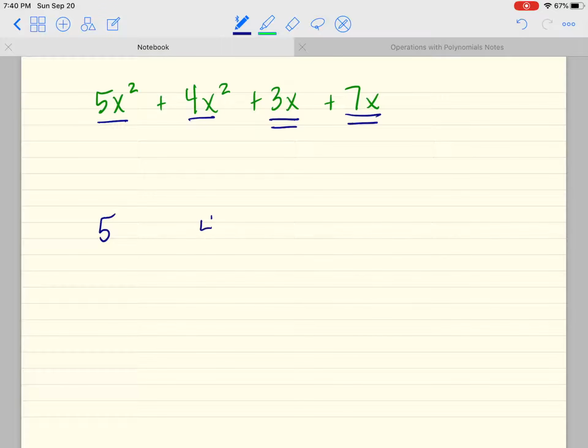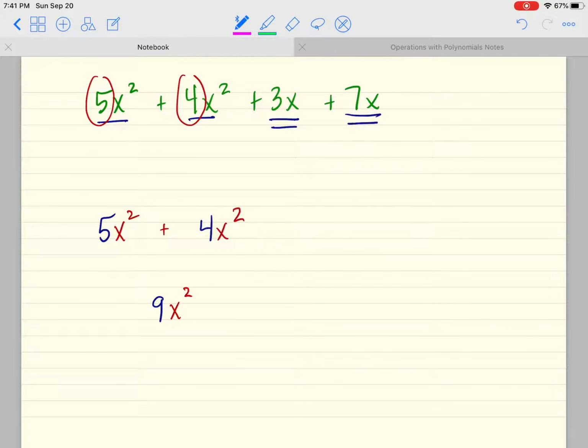So if I had just a 5 and just a 4, we would combine those and say, well, that's going to be 9. Well, it's similar here, it's just that I have 5x squareds and 4x squareds. So what do I have when I put those together? I have 9x squareds. What we're combining when we combine the like terms are these numbers in front of the variables, which we call the coefficients.